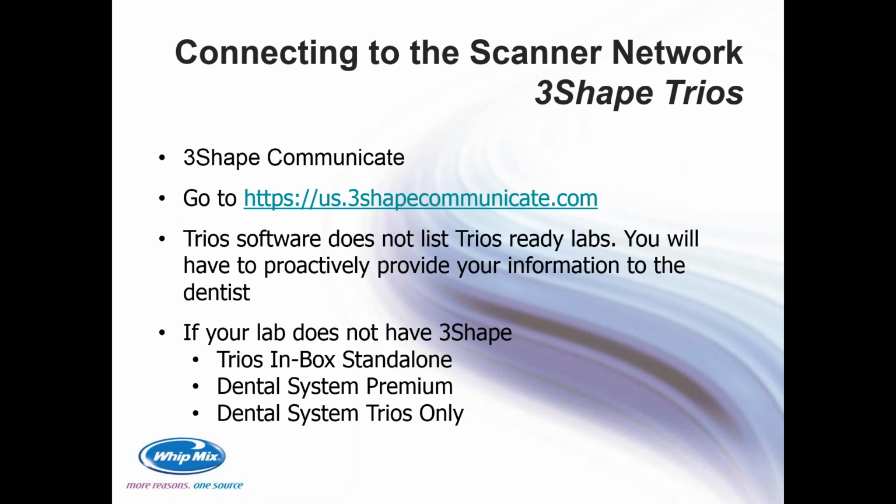And one very important note, when you are registering, it's going to ask you to put in an email address. It is very important that you use an email address that is monitored all day, because this is where you're going to receive notification that you have an incoming impression. So make sure you use the lab's email address that you're going to be looking at all day.